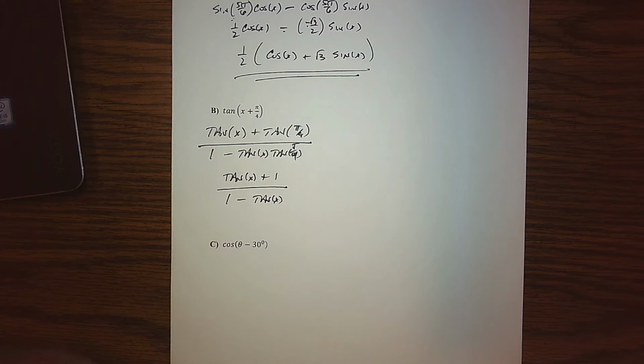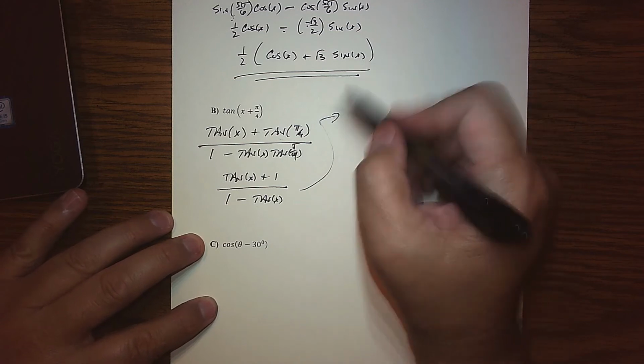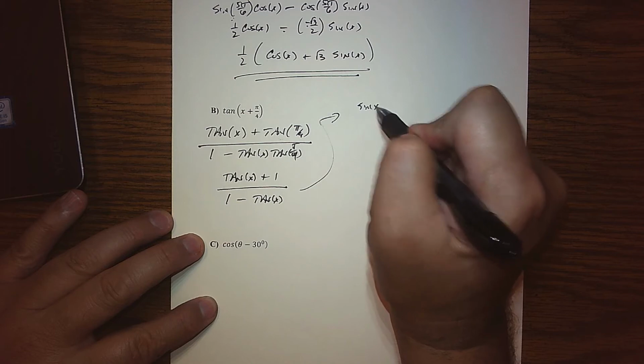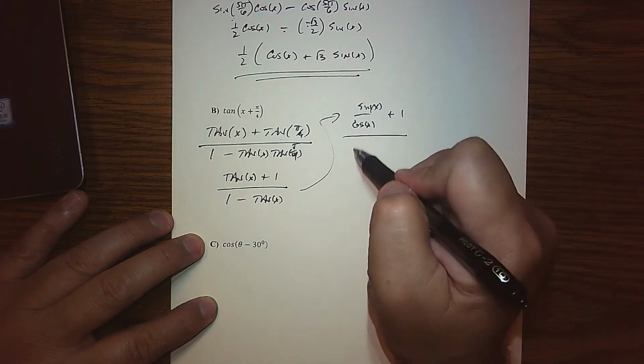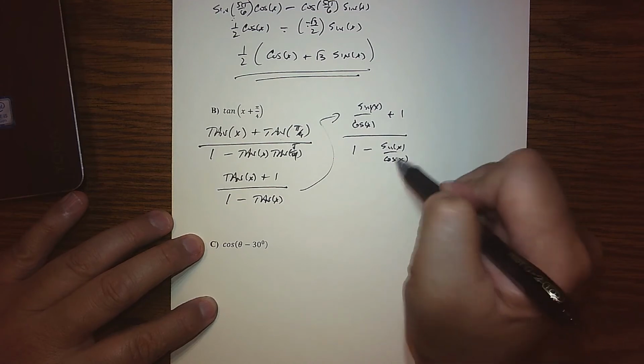Let's see, what would probably be a nice trick we can do here? Can we clear that out? All right, well, let's try it out. Let's experiment a little bit. So we'll write this as sine x over cosine x plus 1, over 1 minus the sine x over cosine x.